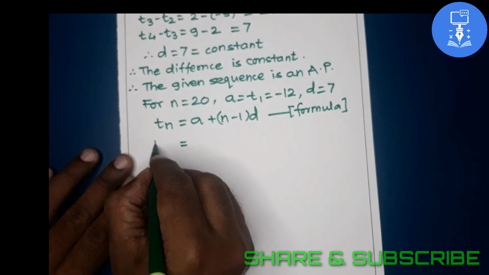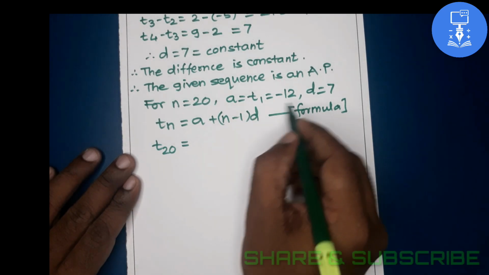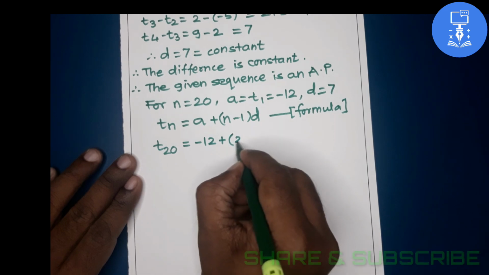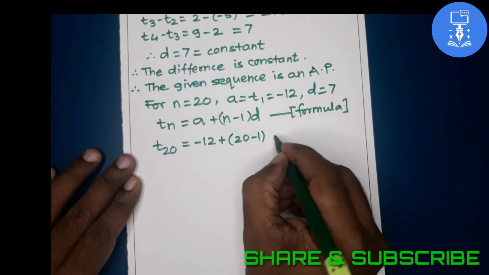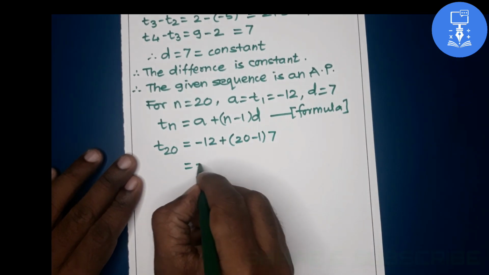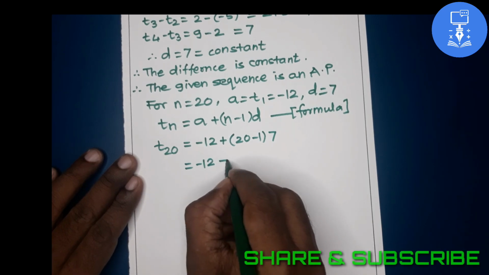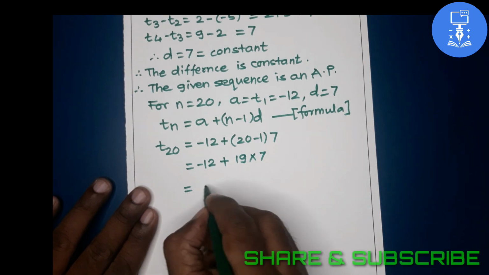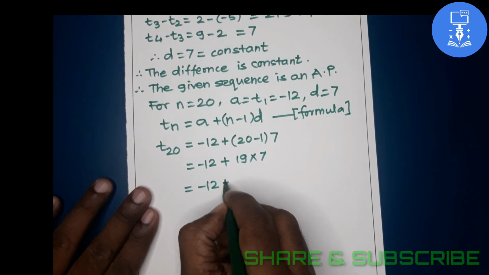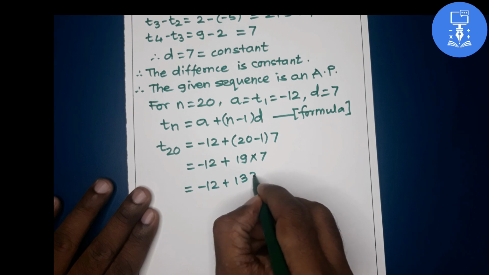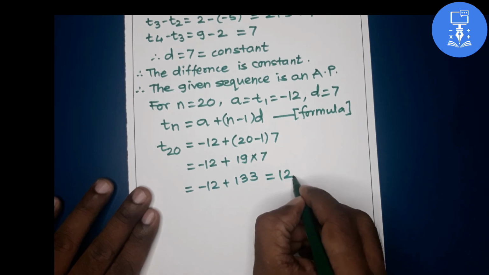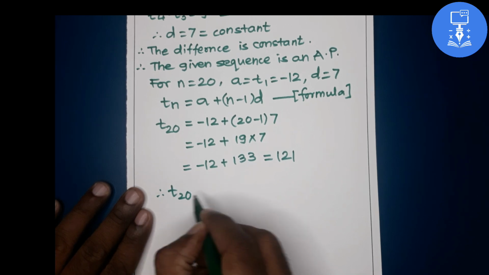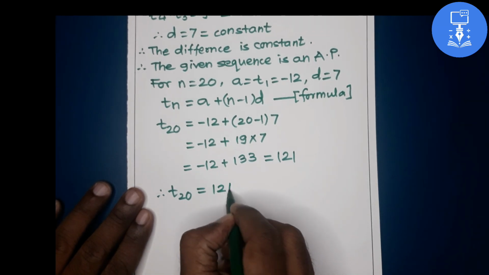Let's substitute: n is equal to 20, a is equal to -12, plus (20 minus 1) into D, which is 7. So it will become -12 plus 19 into 7. We can write -12 plus 133, and it will become 121. In this way we can write T20 is equal to 121.